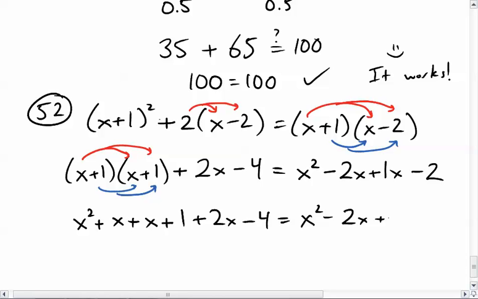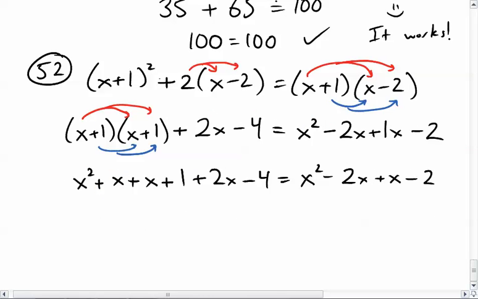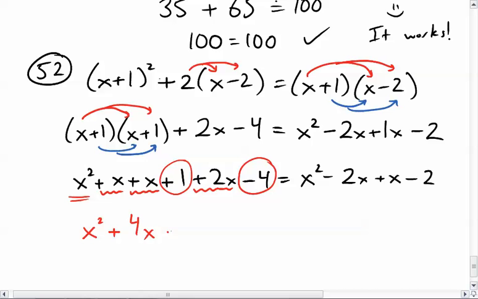And now I'll just combine all the like terms. So on the left side, I've got just 1x squared by itself. And then I have 1, 2, 3, 4 x's. And 1 minus 4 is negative 3. On the right side, I've got 1x squared by itself.